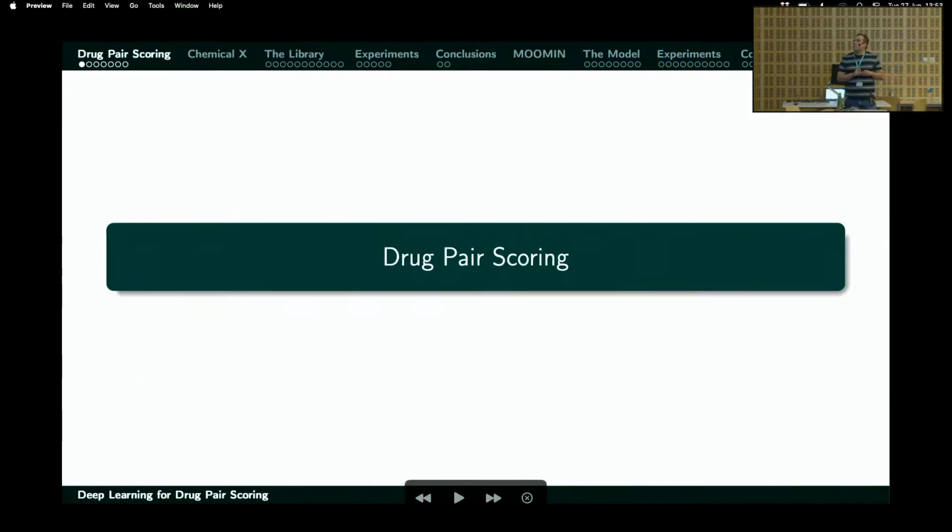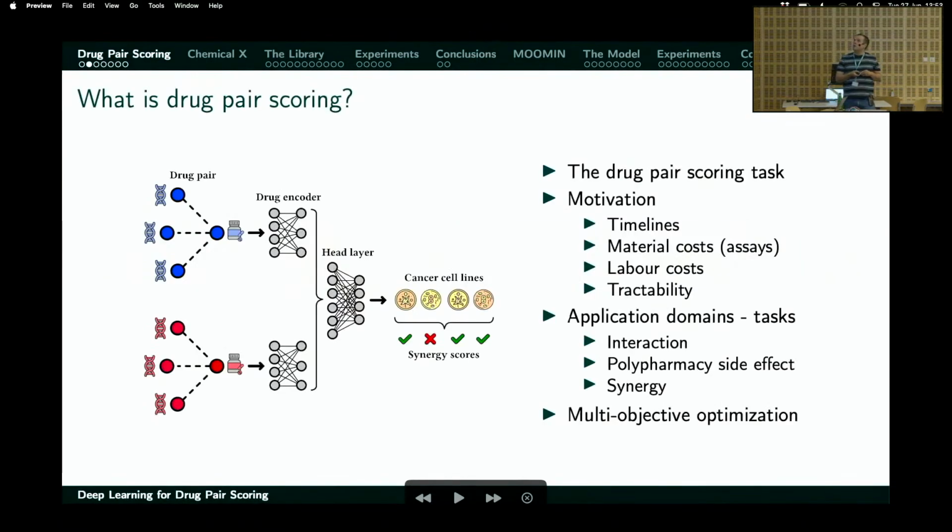Cool. So drug pair scoring is a problem, very high level. The task is the following. Imagine that you have drug A, which is in blue, and then you have drug B, which is in red. For these drugs, you might have some additional information that you are aware of, and that additional information comes from some biological context, and that biological context is given by a biological knowledge graph.